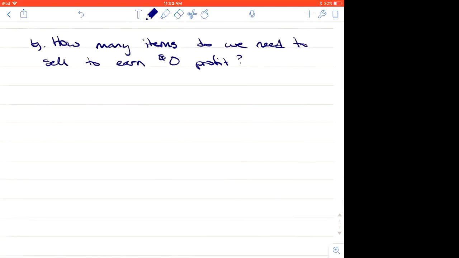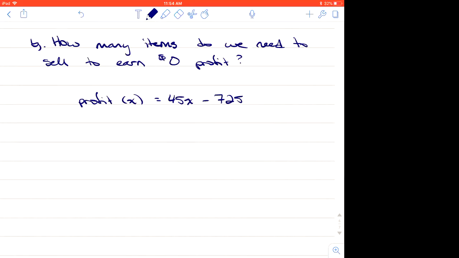Okay. So from before, we know that the profit of x, I'll just copy it down here, was 45x minus 725. And so now I want to know, what does the x have to be in order to make the profit 0?